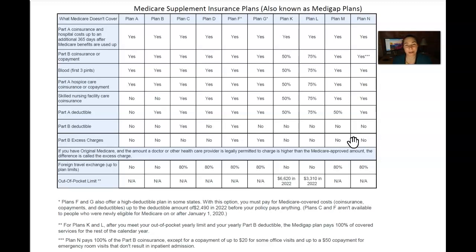One is going to the Medicare.gov website and checking on there. Another way is to call your provider's office, in particular the billing or accounting department. They will know exactly what you're talking about if you ask if they accept Medicare as full payment or if they do not. In that instance, you will know if they accept Medicare assignment or not, and in turn, whether you will have to pick up those excess charges.